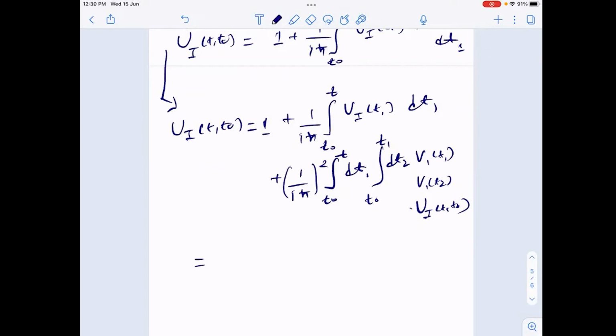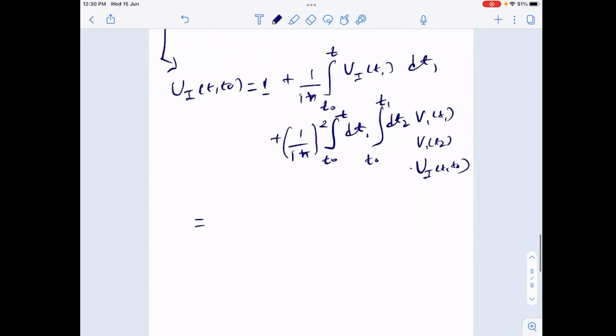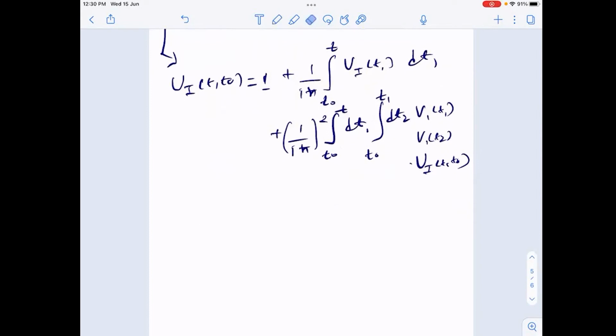Again, if it's a unitary operator, right? So we are actually left with what? Okay, before I go to the next term, I think some may not have understood what I am trying to say in terms of iteration for UI T T0.